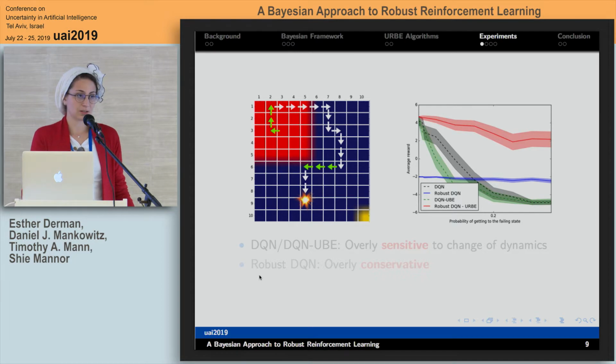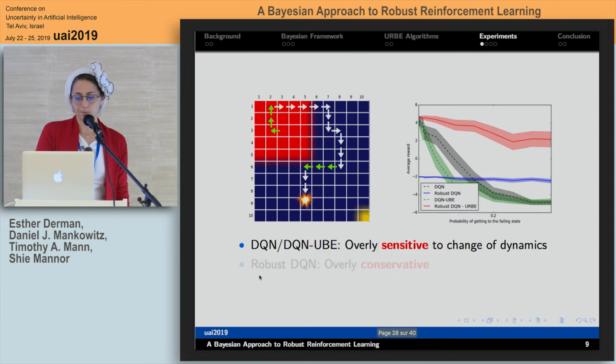So a robust policy will consist in staying safe and not getting toward the goal, and this is shown in the right-hand side of the slide in blue. So you see that even when the probability is low, the robust DQN doesn't try to get to the goal state.